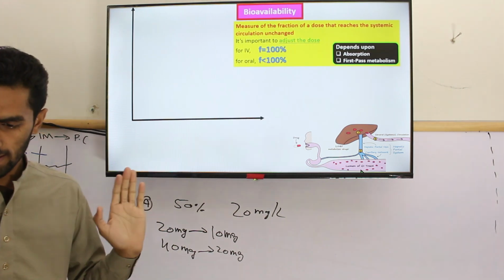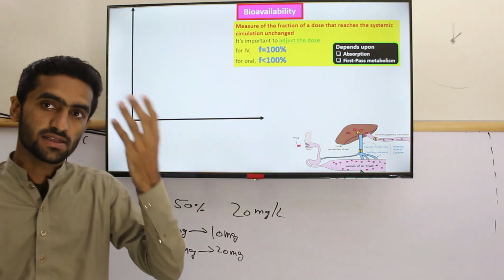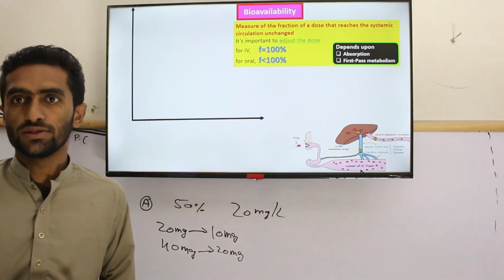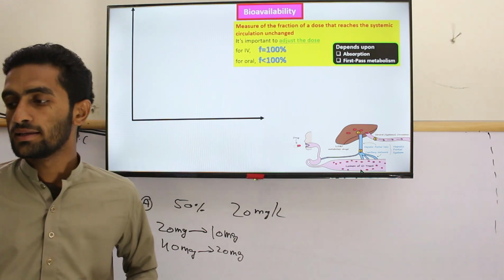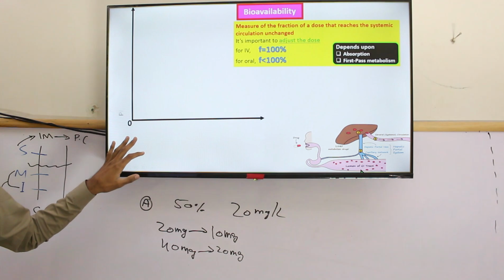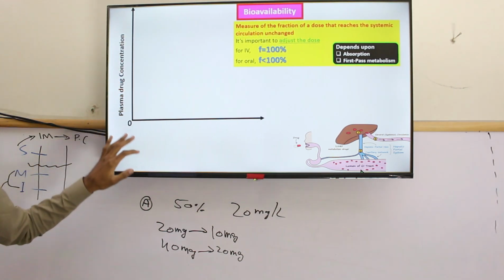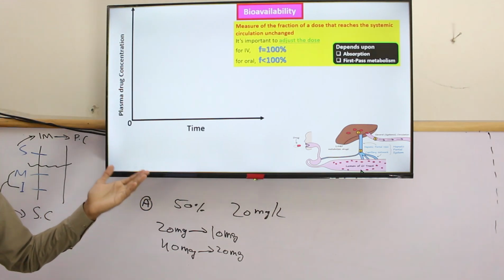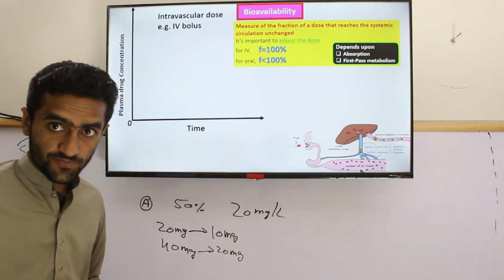Now let's look at a graph, which is tested in the Step 1 exam. Let's see what's happening at time zero. Here is plasma drug concentration on the y-axis, and on the x-axis we are showing the time. For example, you have given an intravascular dose, an IV bolus.